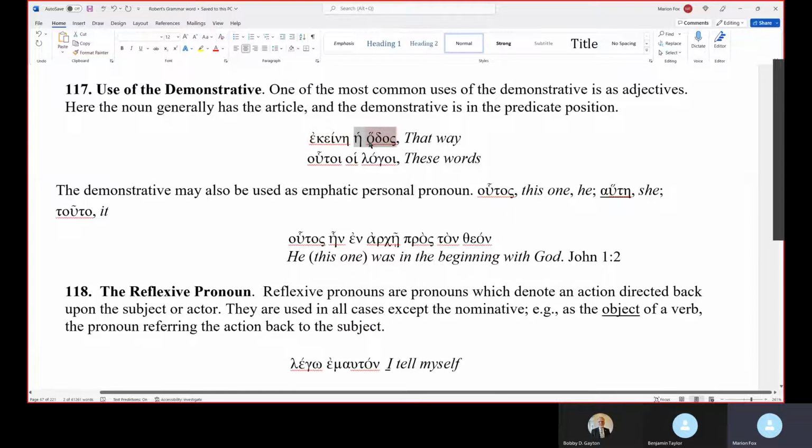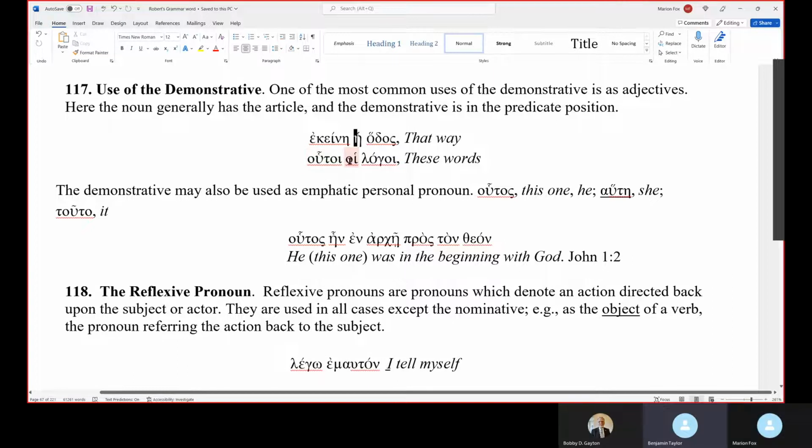That's what they mean by predicate position. And ekeine he hodos, it's that way. And of course, hodos, the os ending kind of fools you. You get in the mode of thinking that's masculine, but in this case, it happens to be feminine. So this is a feminine form of it, that way, right?